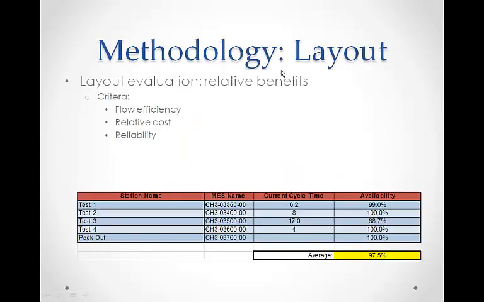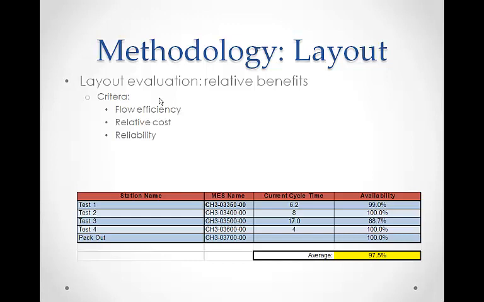To evaluate the relative benefits of the different alternatives, 3 criteria were considered. These are flow efficiency, relative cost, and reliability. For flow efficiency, the amount of in and out points was considered, where alternative 1 is the strongest in that it only has 3 flow points, whereas alternatives 2 and 3 each have 4.